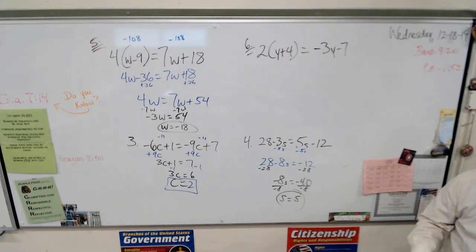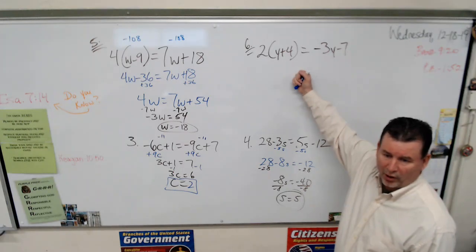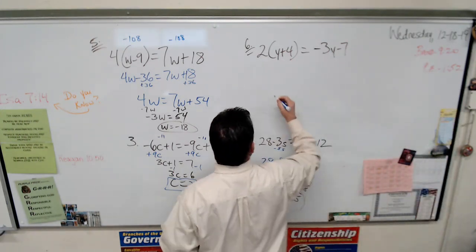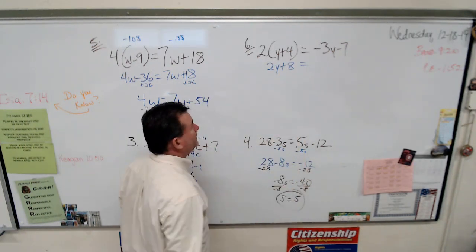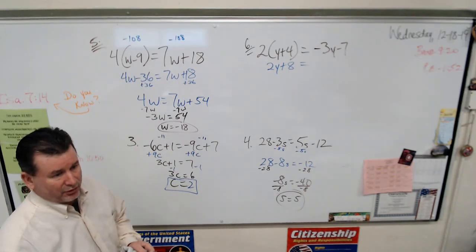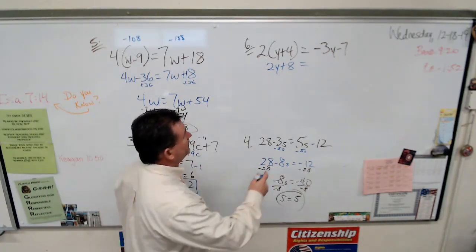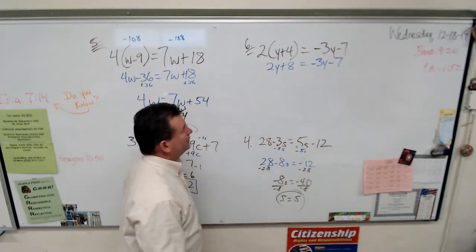He's being a bully. All right, Dominic, this doesn't bother us, does it? Noah knows that if there's a 2 written outside the parentheses, he's going to distribute that throughout, make that 2y plus 8. 2 times y, 2y, 2 times 4, positive 8. We still got negative 3y minus 7 over there.